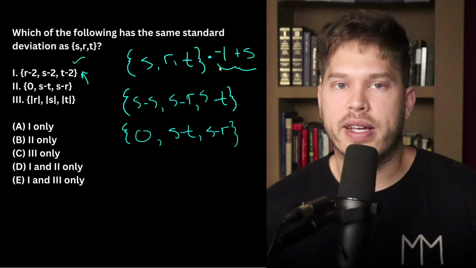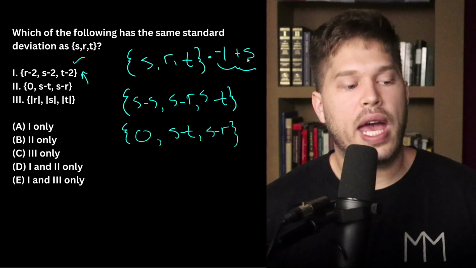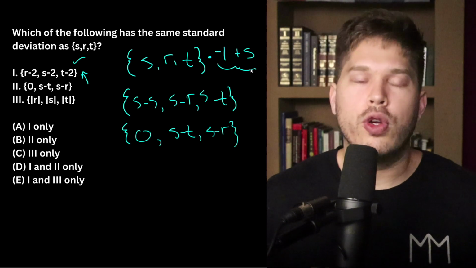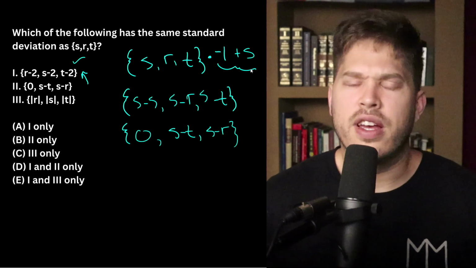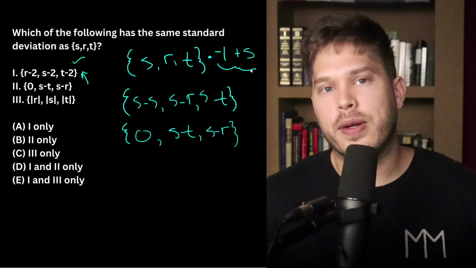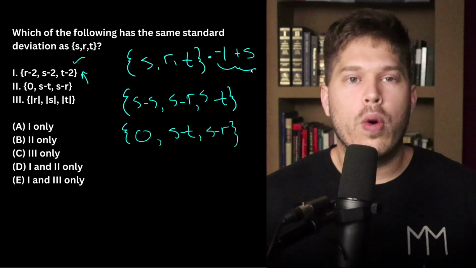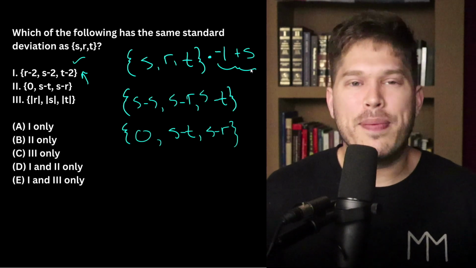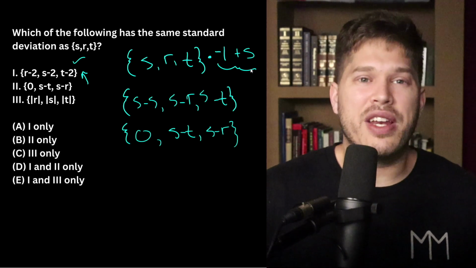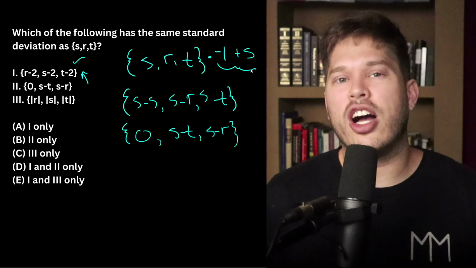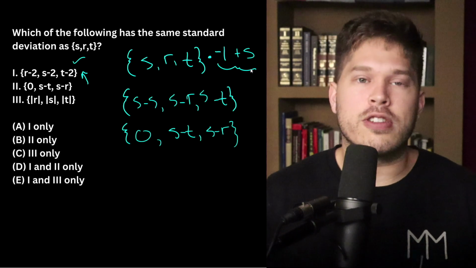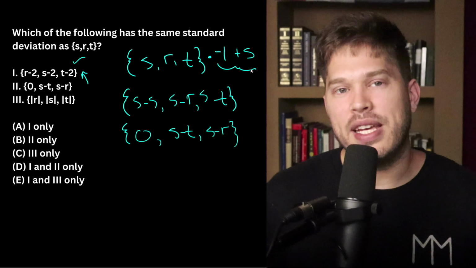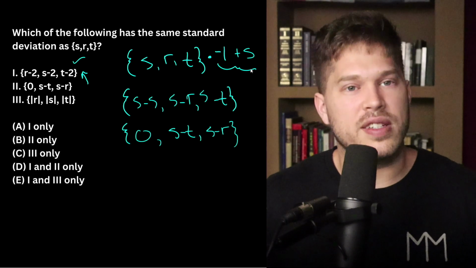We multiplied by a negative 1, and then we added some value uniformly across our set. So we have talked about how multiplying will influence your standard deviation, but if you multiply by 1 or negative 1, your standard deviation is not going to change because the spread of your values from the mean will remain constant.